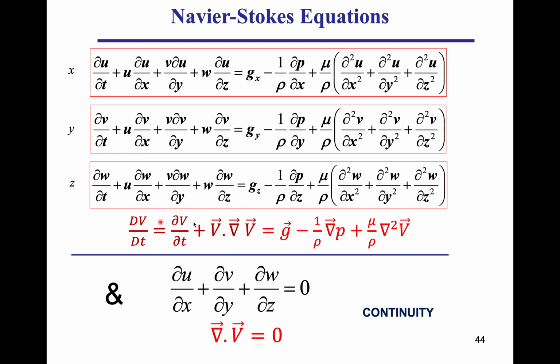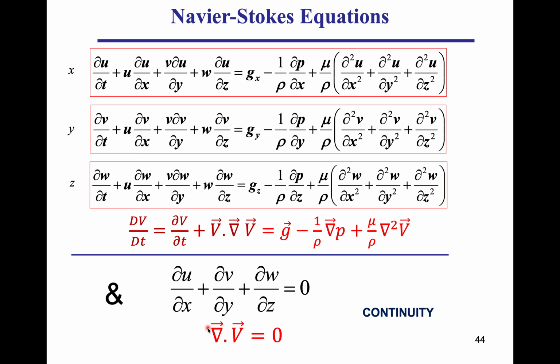So the acceleration on the left-hand side is equal to the forces per unit mass on the right-hand side, which are gravity, pressure gradient, as well as viscous stress forces on our control volume. And the continuity or mass conservation equation, we wrote it as the divergence of the velocity vector field, and that's a dot product.